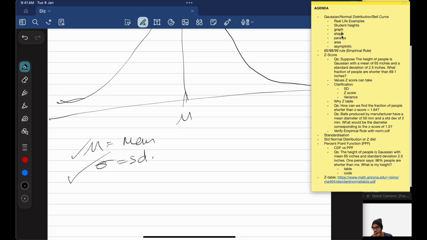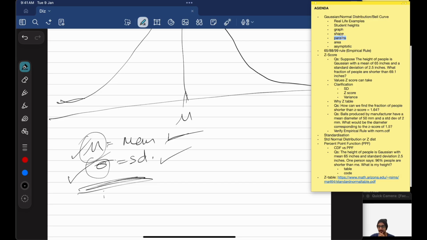The parameters are primarily mu and sigma. It is purely dependent on these two parameters, and all variations of these will give different types of normal distributions.